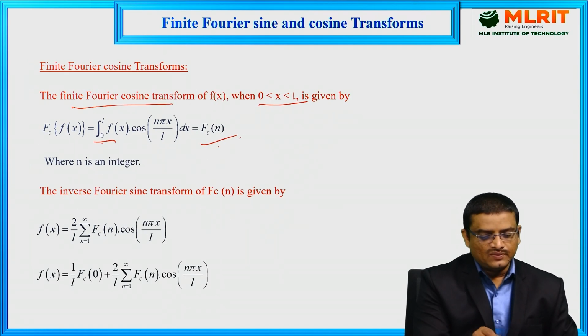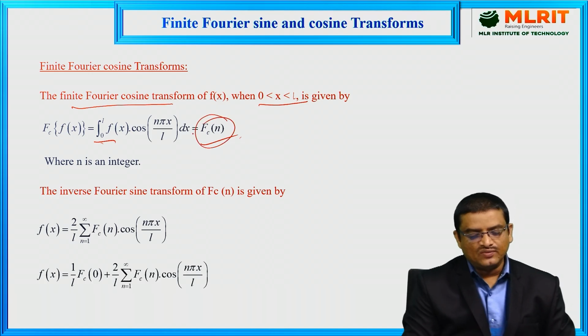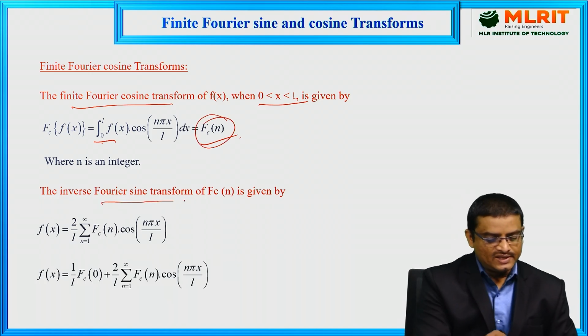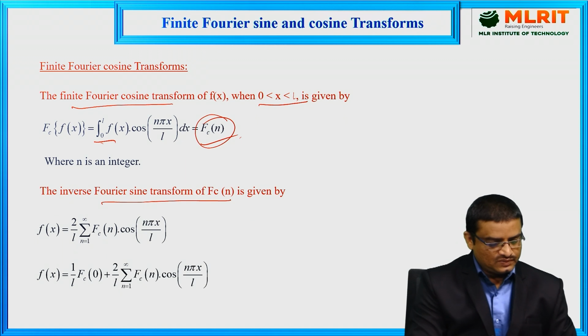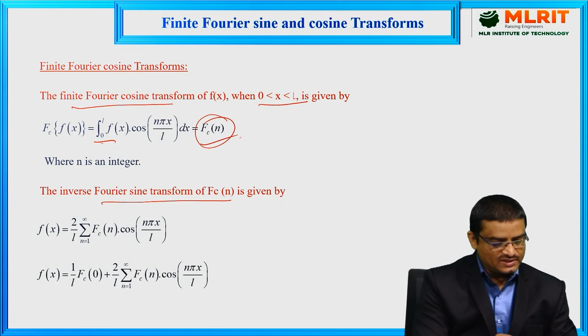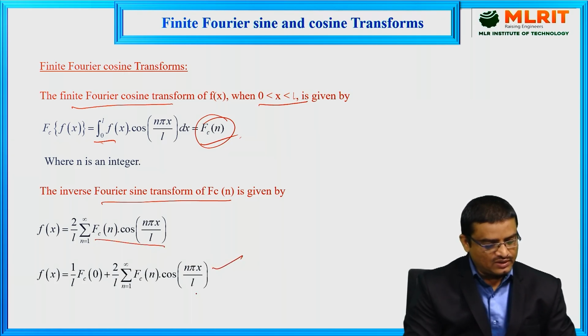That value is represented with f suffix c of n, and its inverse formula is f of x equal to 2 by L summation n equal to 1 to infinity. We can use this formula or that formula here.